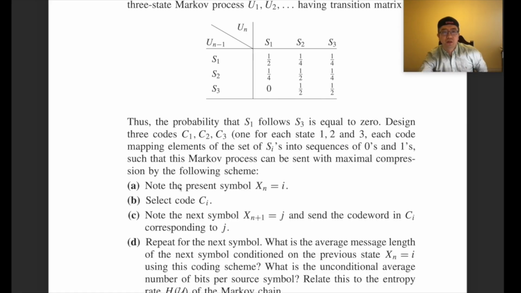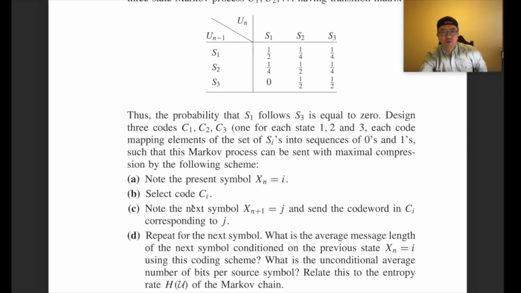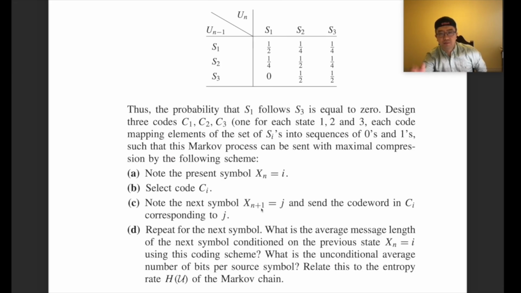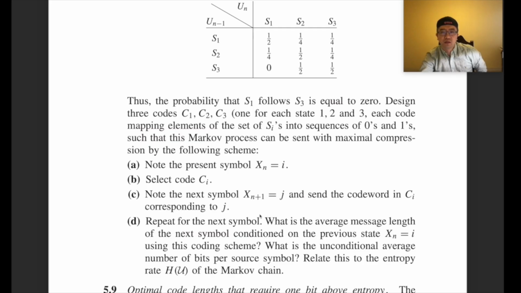First, note the present symbol Xn is i, and then select code Ci for the next one. And then the next symbol would be, select another code for the next symbol and so on. So this is basically the procedure of the design.